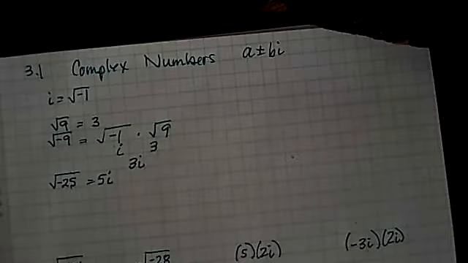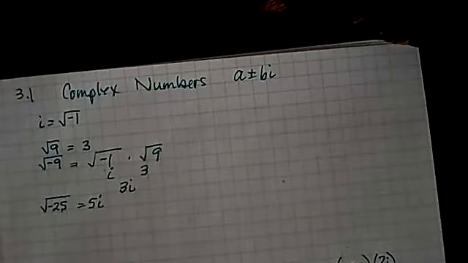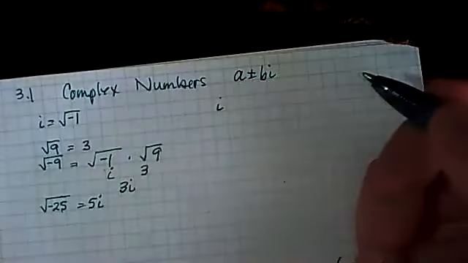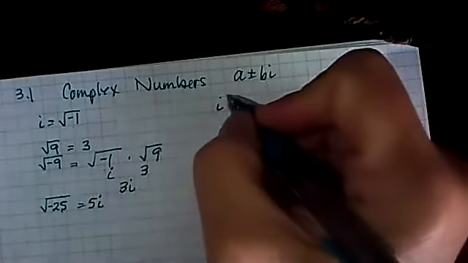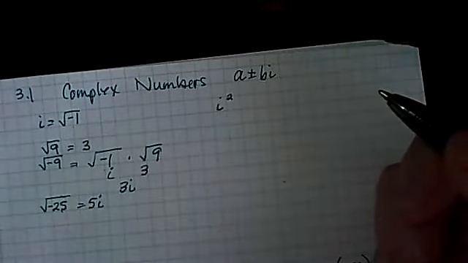All right, so I'm going to come back to talking about this a little bit more in just a second. And this is something I just want to introduce you to, the powers of i. So if I have something that is i squared, okay? So i squared. Now let me ask you this.